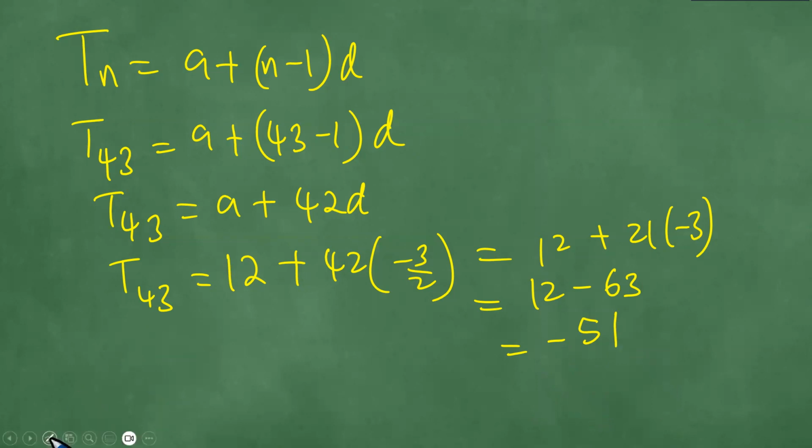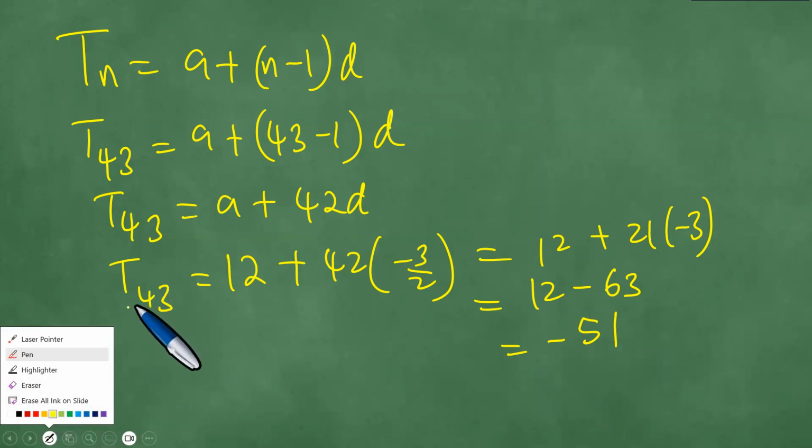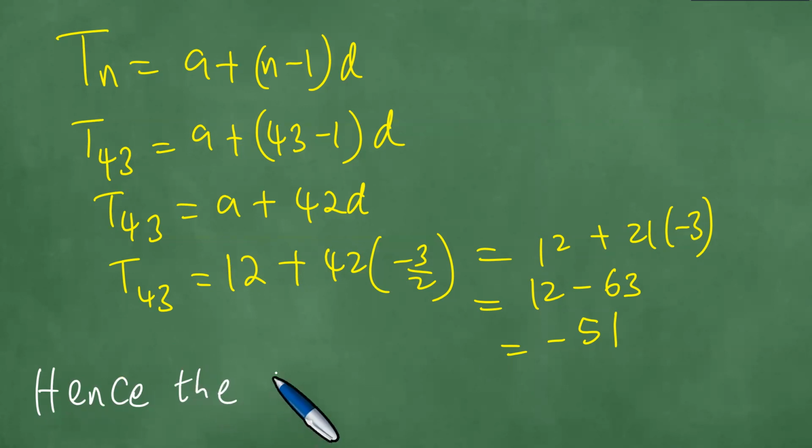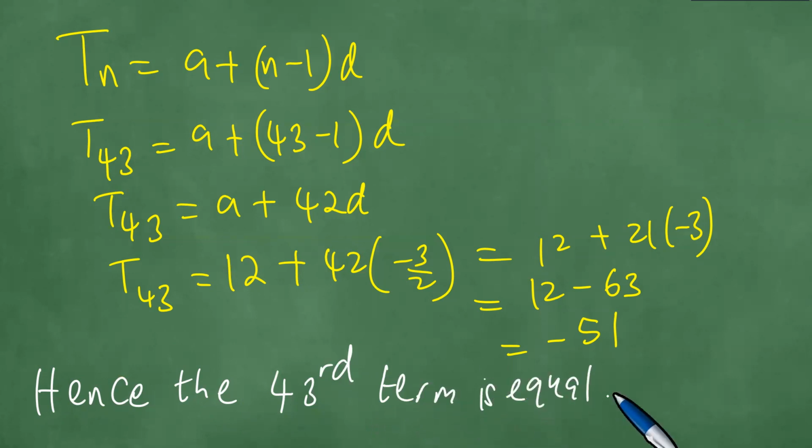So it confirms that indeed the 43rd term is the one equal to minus 51, because the way they asked the question, they said, which term is minus 51? So hence the 43rd term is equal to minus 51.